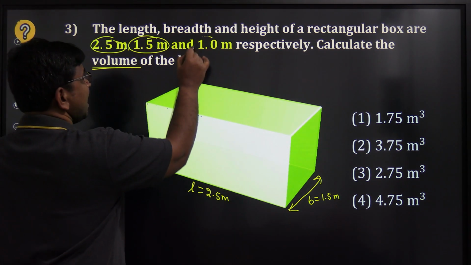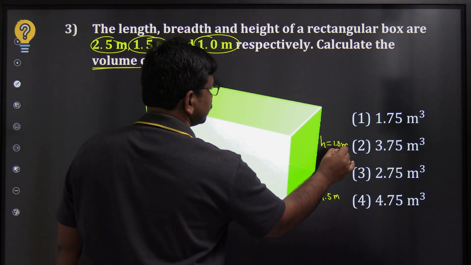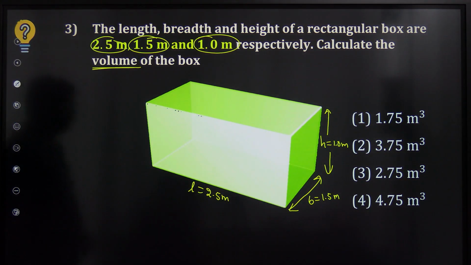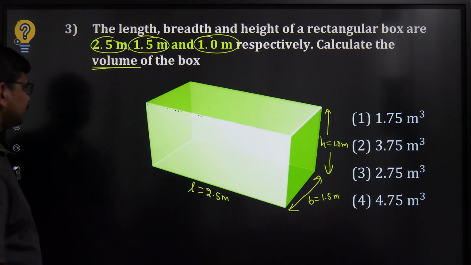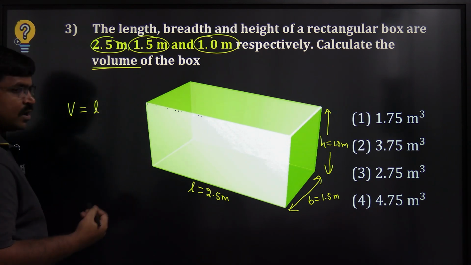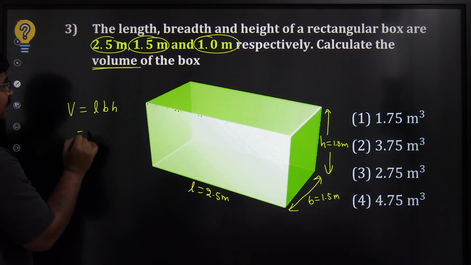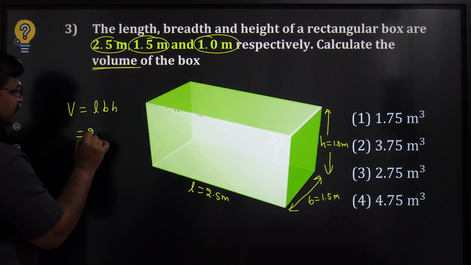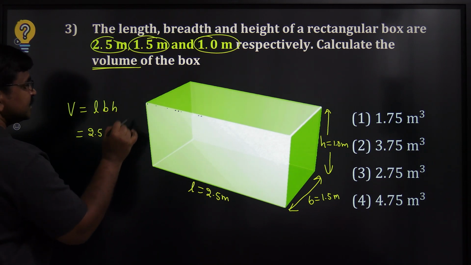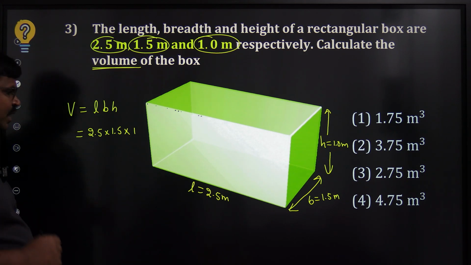And finally height equal to 1.0 meter. And we know that the volume of the rectangular box is LBH. And L is given as 2.5 times, breadth is 1.5 times and height is 1. 1.0 is nothing but 1.